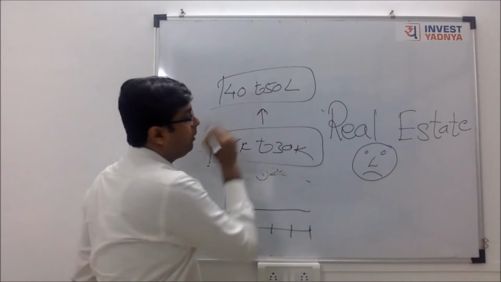You cannot have a risk premium of close to 20 to 25% over your GDP growth. This is not going to be sustainable, and that is the main reason why we are seeing corrections in real estate.